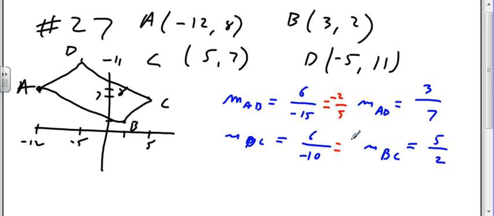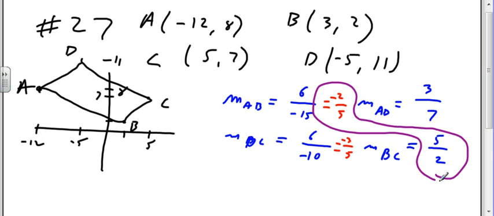And this guy can be 3 over 5 with a negative sign. Okay, so I look at him and him, and I see that they're reciprocals of each other with a negative sign. So AB is perpendicular to BC, right there. And I have, therefore, yes.